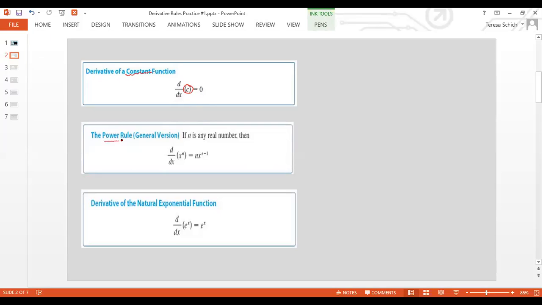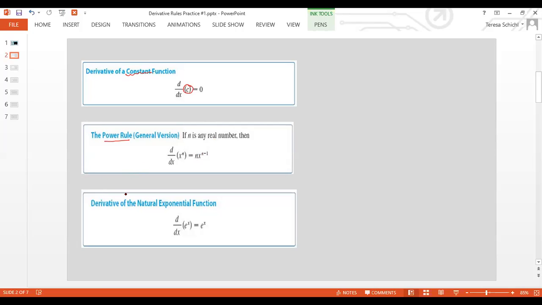The power rule tells you that if you have x to the nth power, it doesn't matter whether n is positive or negative, you always just bring the n out front and then reduce the power to x to the n minus 1.